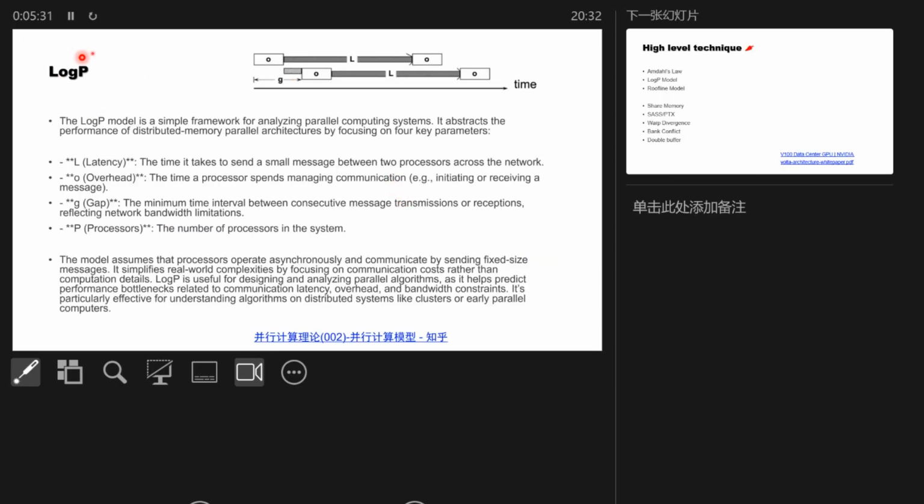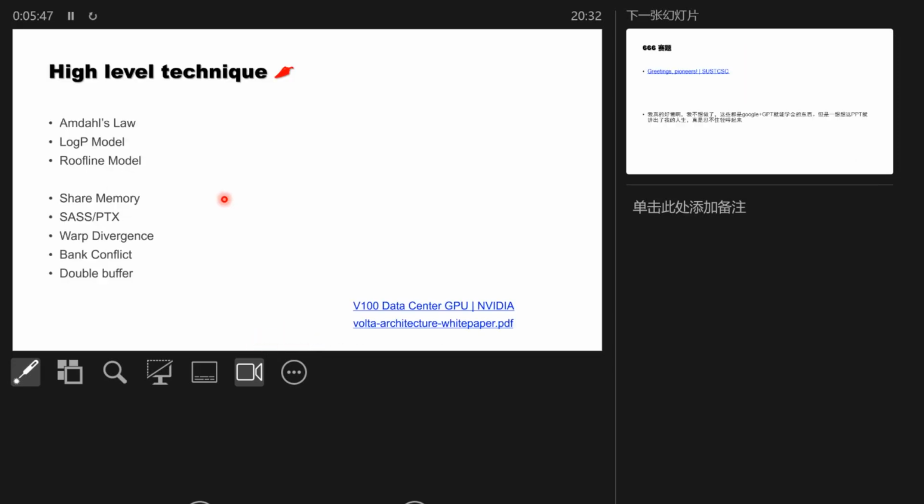And yeah, there will be a lot of models to analyze your program with your profilers and other things. LogP is also a framework, but you can learn it with some of the slides over the link.